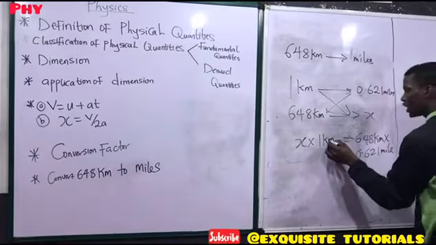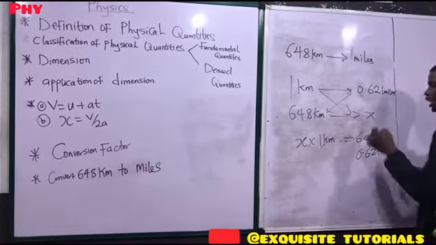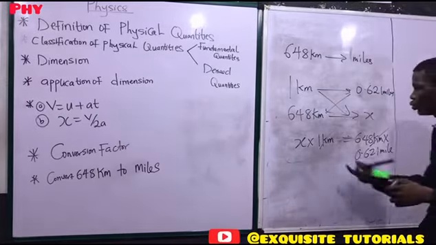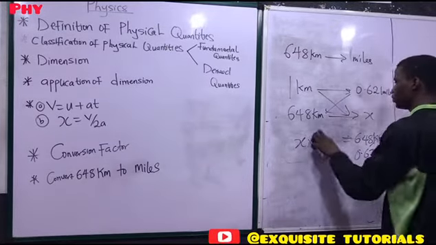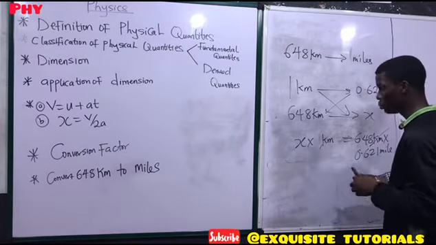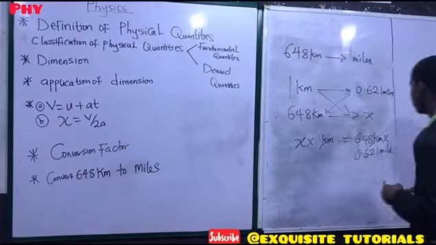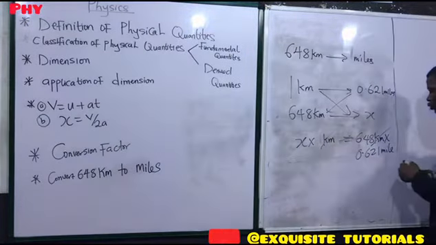If you look at it, kilometer is present here and kilometer is present here, so this one will cancel out this one. I told you that if there is no term, what is present at the front of it is 1. So if kilometer cancels kilometer, we will be left with just miles.